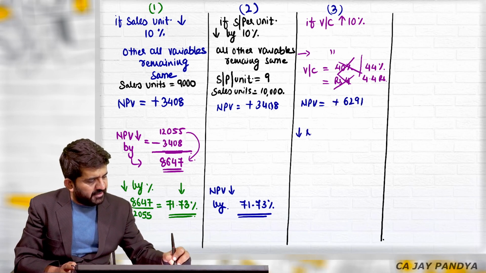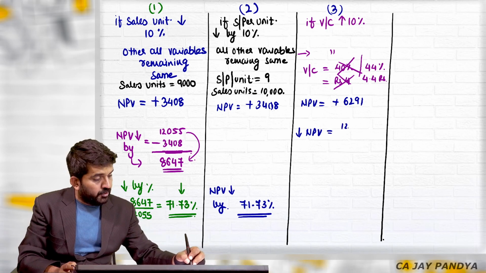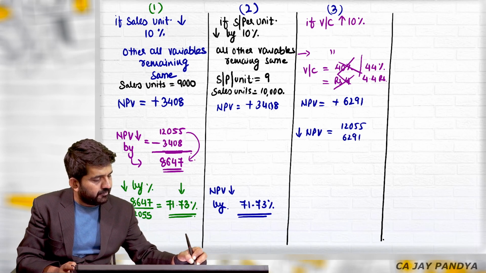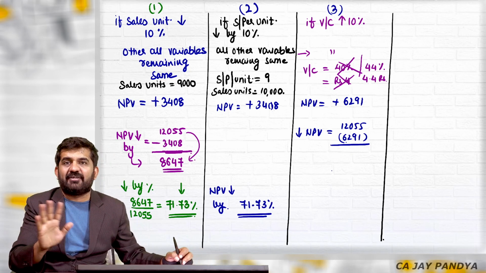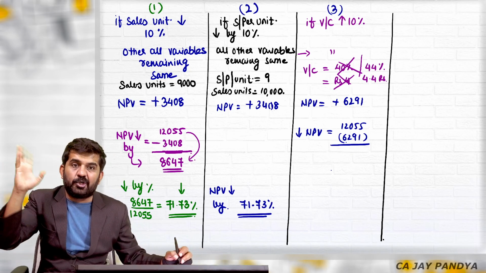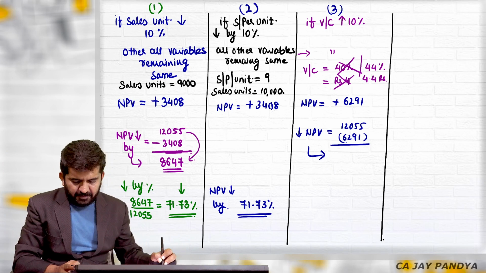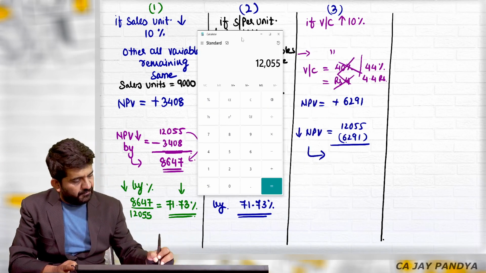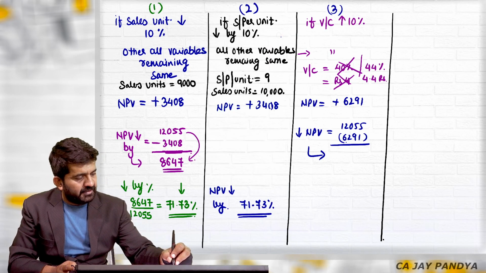How much is the decrease in NPV? For the decrease in NPV, you need to compare it with the original. Third and second situations do not have any link. Third and the original situation have a link. So how much is the decrease in NPV? 12,055 minus 6291 is 5764.